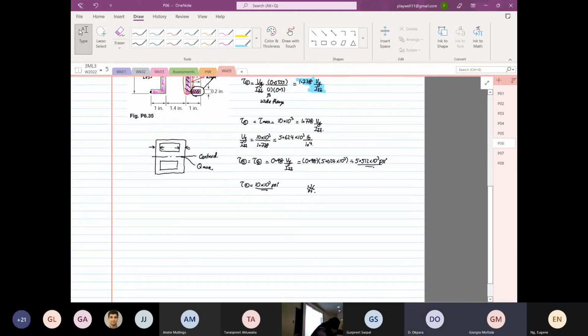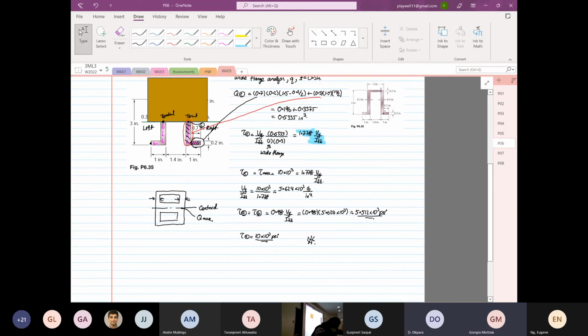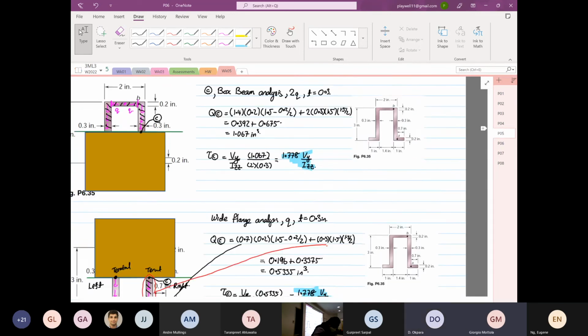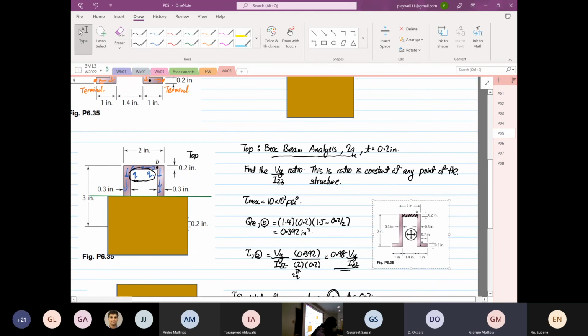So for this example we just finished, at point B, could we have started to analyze the web as opposed to the flange? At point B, yes. What is your question? Could we have decided to analyze the web instead of... No, you cannot analyze the web like you did. I'm just trying to understand why that is.